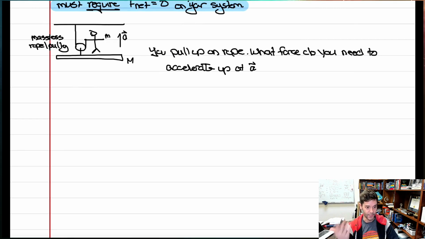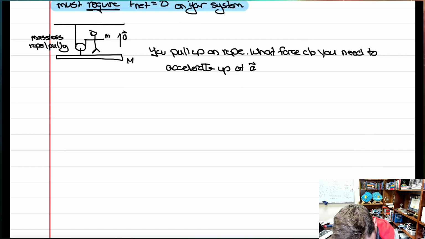For example, you and the platform better have the same acceleration if you're moving together, else you would start to move relative to one another, which doesn't really make sense. Knowing that the pulley and the rope is massless, maybe you could also define systems that don't have any mass, in which case you could use the requirement that the net force on that system better be zero. So let's take a couple systems one at a time.